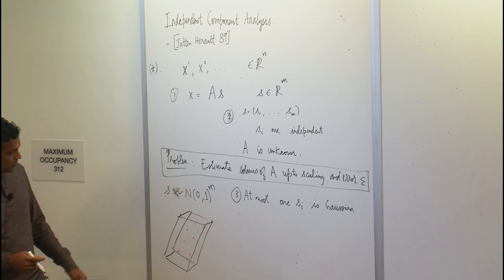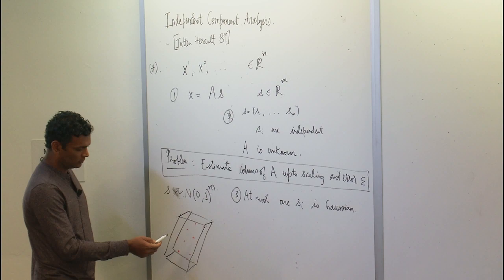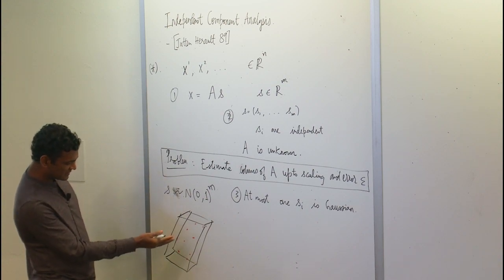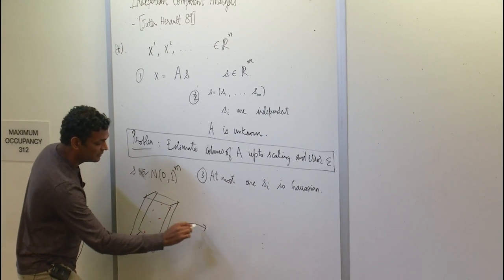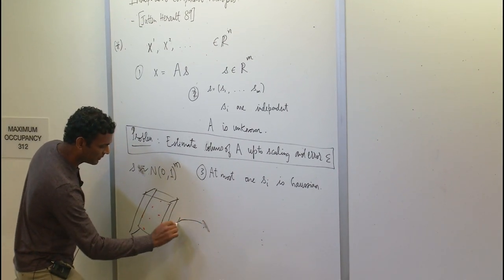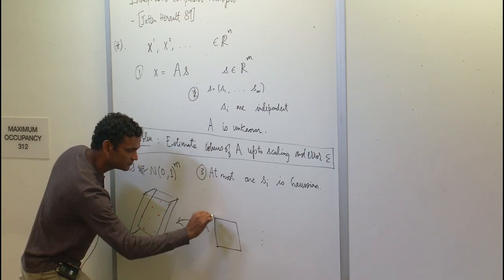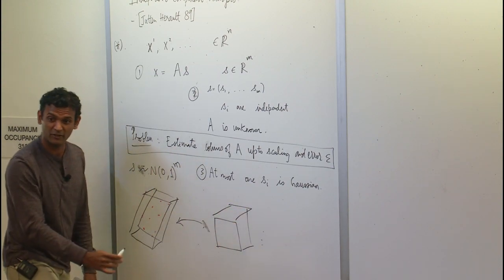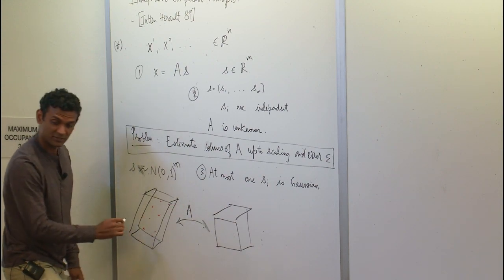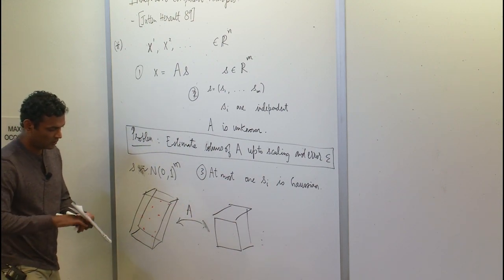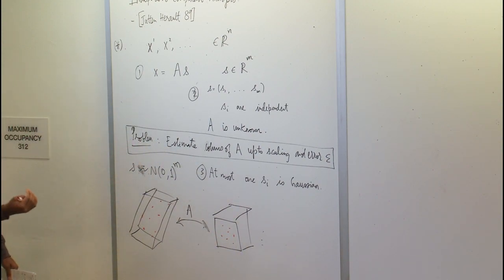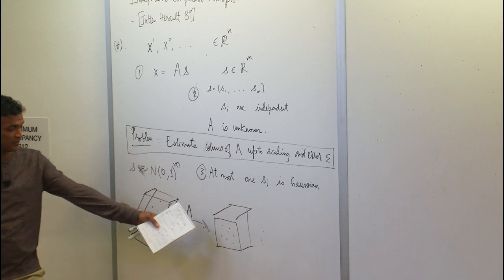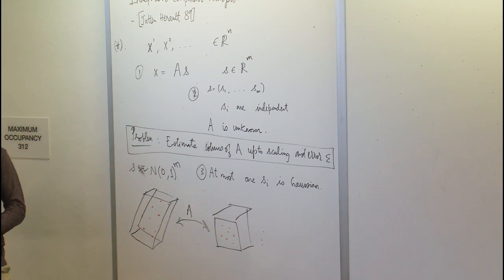Okay. So in other words, in this case there is a natural transformation, right? The transformation A just corresponds to the transformation that you would have applied from an axis aligned cube that maps it to this picture. So your goal to answer this problem is to estimate this transformation that would have taken samples from a cube to the samples that you see, if you assume it's a parallelepiped.